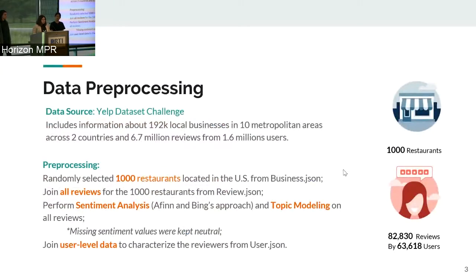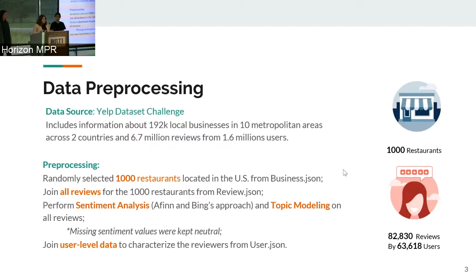This is a big data set. The Yelp Dataset Challenge has information for more than 200,000 local businesses in 10 different metropolitan areas in the USA and Canada, corresponding to 6.7 million reviews from 1.6 million users. In order to conduct the analysis in such a short amount of time, we randomly selected 1,000 restaurants located in the United States.